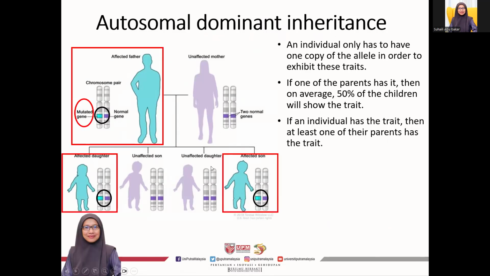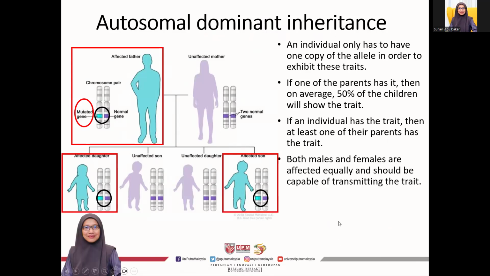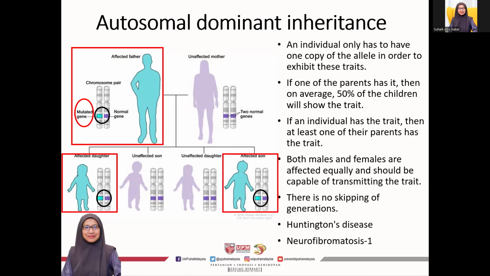And if an individual has the trait, then at least one of the parents has the trait. Both males and females are affected equally and are capable of transmitting the trait. And there is no skipping of generations. Examples of diseases for this type of inheritance are Huntington disease and neurofibromatosis 1.